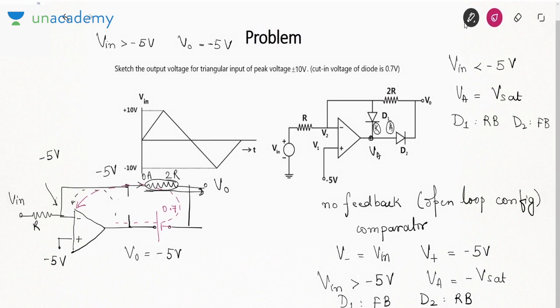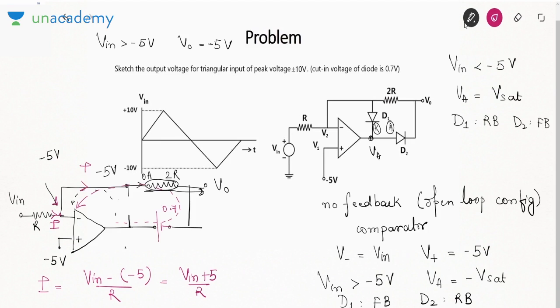So we will again apply virtual ground, so this voltage is minus 5. What is this current I? Now V0 is not minus 5. I will be Vin minus 5 by R, or you can say Vin plus 5 by R.